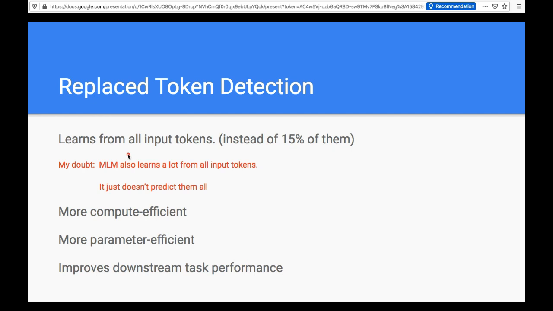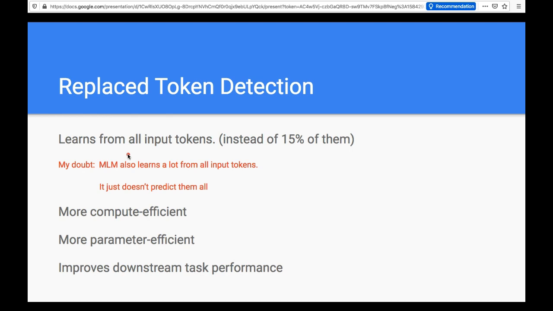And when I was in bed, I was thinking, that doesn't make sense, because the masked language model can still learn from the rest of the 85% of tokens. And actually, the second part of the paper addresses this problem. They say BERT's masked language model can also learn from the rest of the 85% of tokens. So they give some explanation for that.